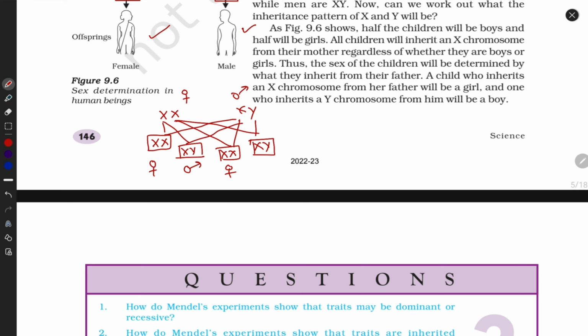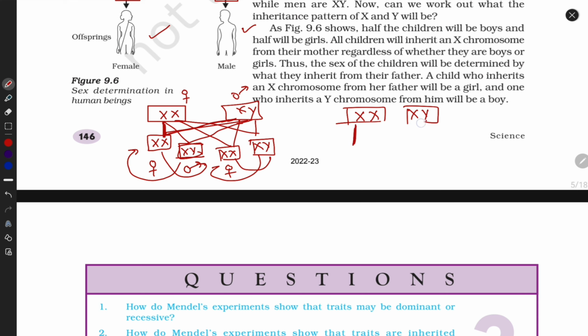Look here seriously. This is not compulsory. This X fuses with this, or this X also fuses with this first. The position may change. It depends totally on fusion. Let's assume if the cross is between this X and this Y, then the progeny is a boy.